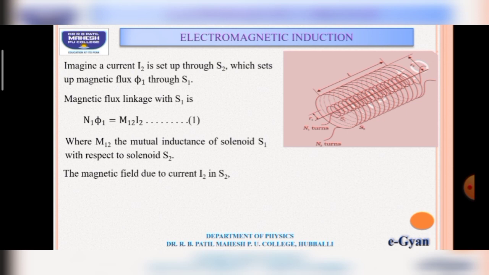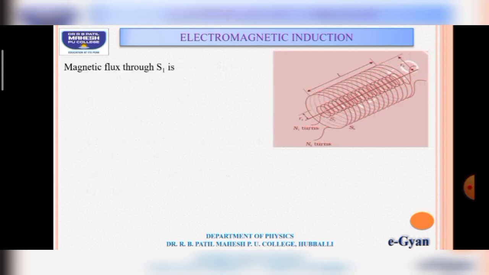The magnetic field due to current I2 in S2 is given by B2 equal to mu naught n2 into I2. This we got from the expression of magnetic field inside a solenoid, which we have discussed in moving charges and magnetism. Then we can write magnetic flux in another form, that is N1 phi1 equal to N1 B2 A1, where N1 is the total number of turns in coil S1 and A1 is the area of coil S1.